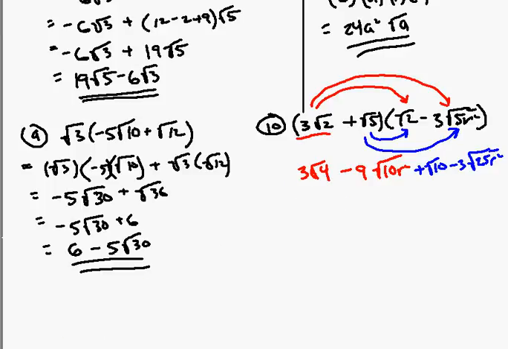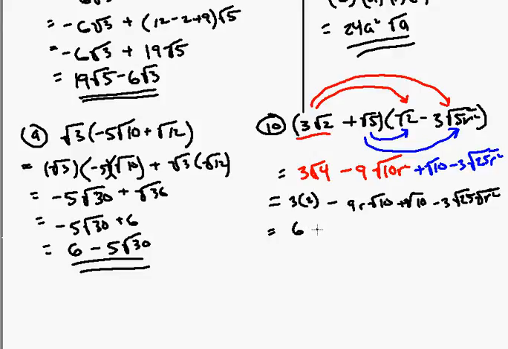Alright, so let's break this down. So this is 3 times 2 minus 9r square root of 10 plus square root of 10 minus 3 square root of 25 square root of r squared.